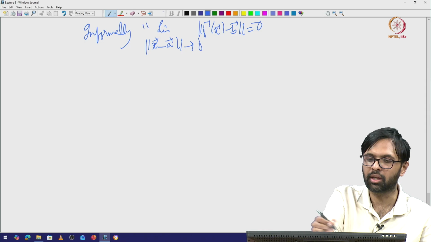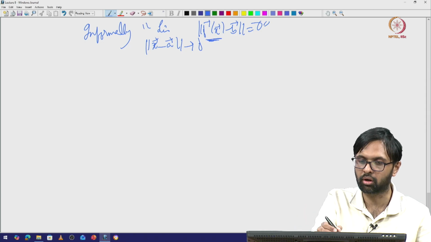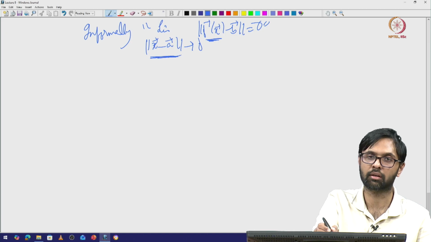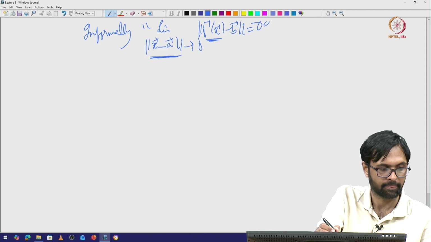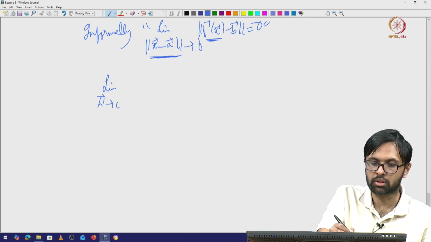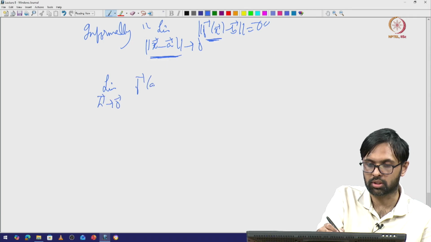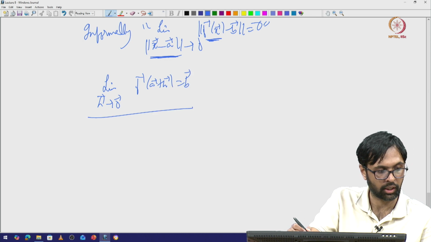But this is not really a rigorous mathematical concept because this f of x is not really a function of this. So this is only in the informal sense. Well, this definition is equivalent to demanding that limit as h goes to 0, f of a plus h is b. Sometimes it's convenient to say this.